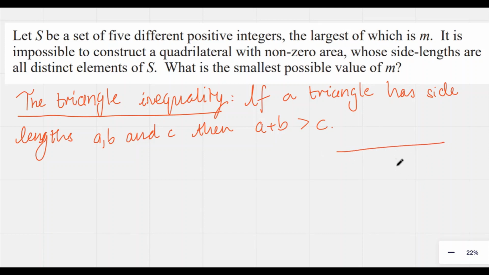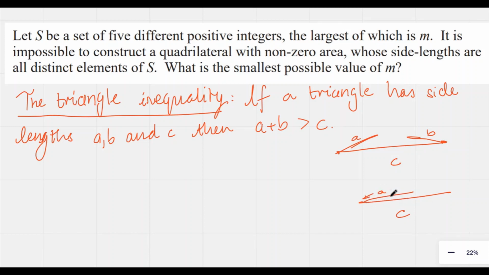So if my triangle looks like this with the base C, now if I want this to actually be a triangle, when I connect my two other sides, so let's say this one here is the side A, it's impossible for A and B to both be too short, because otherwise these sides will never meet up. So we think about what's the shortest that A and B can be? Well, it's so that they just touch. And that's going to be when I have C like this and A just ever so slightly above.